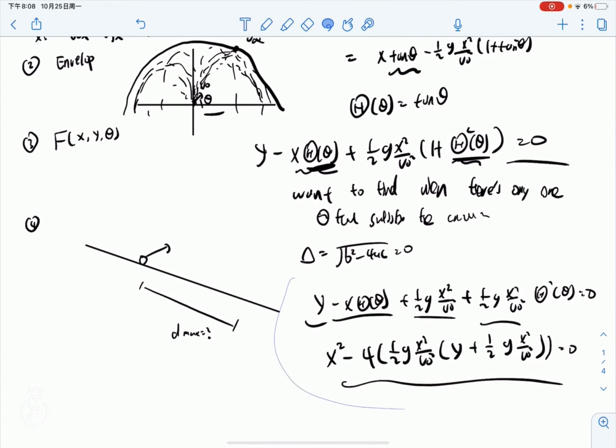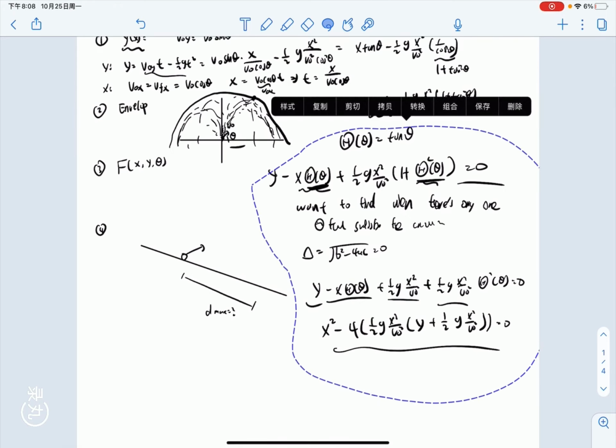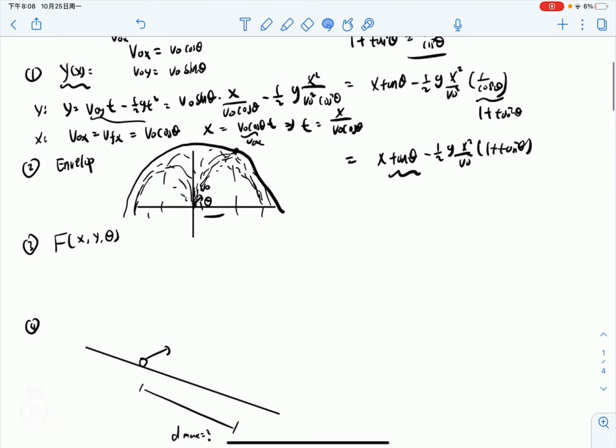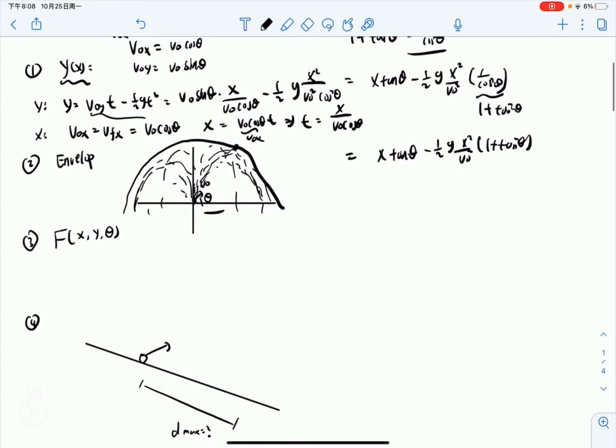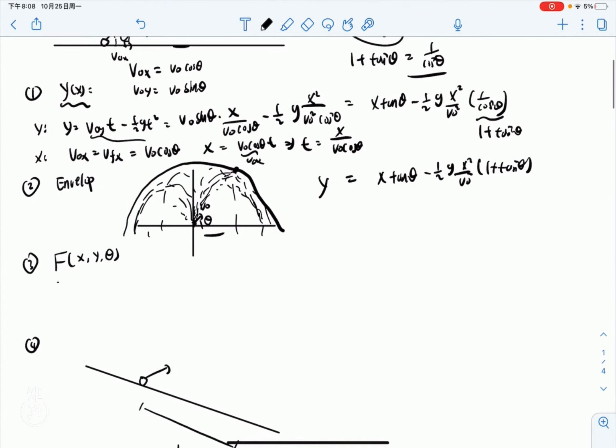Okay, now we're moving on to the second method for finding the equation for the envelope, which I think was way better, or not necessarily easier, but more straightforward. So this is equal to 0.